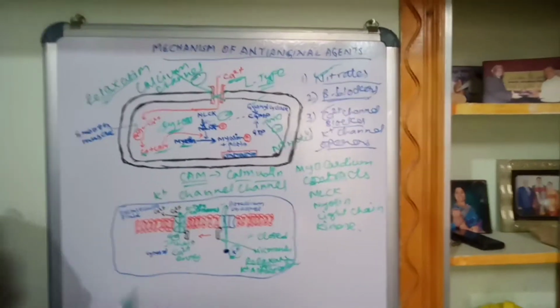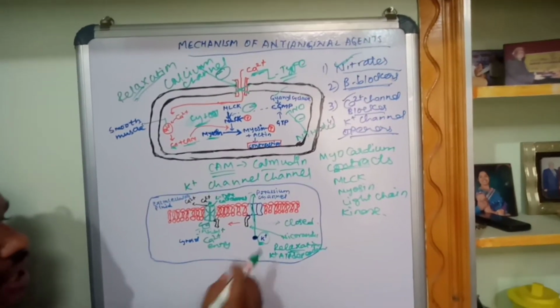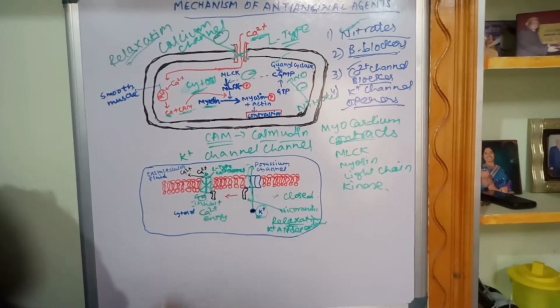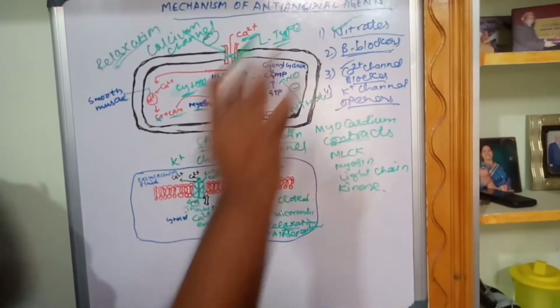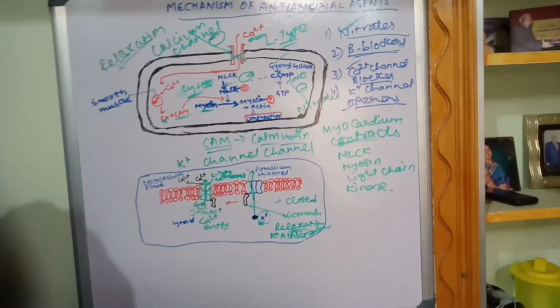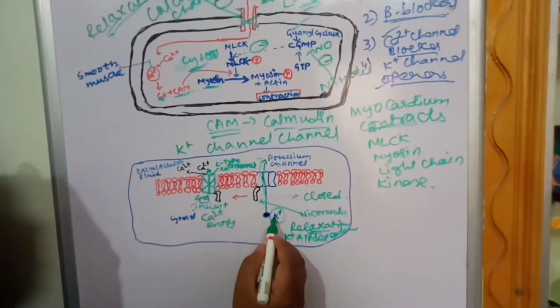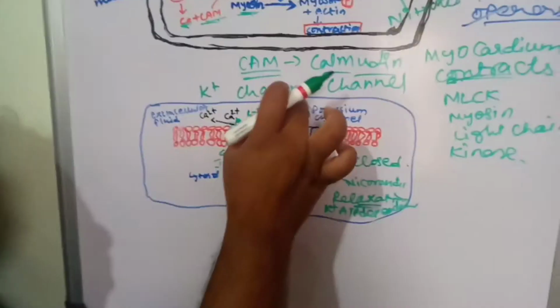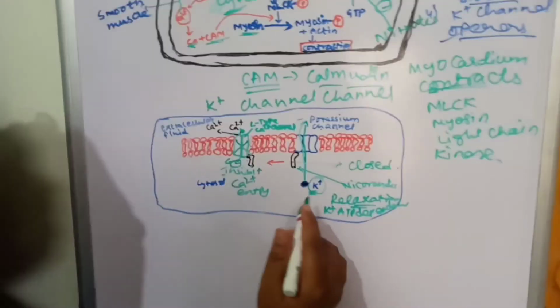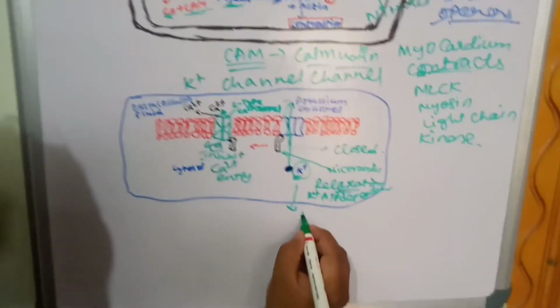The calcium channel gate is closed. How is it closed? By opening the potassium channel gate. When one gate is opened, the other gate is closed. With the gate opened, potassium will go away. Potassium should not stay in the cytosol, it should go outside. When it goes outside, it will cause hyperpolarization.